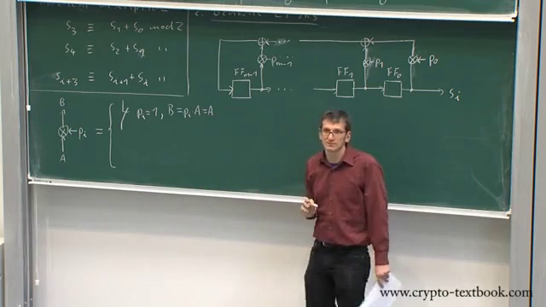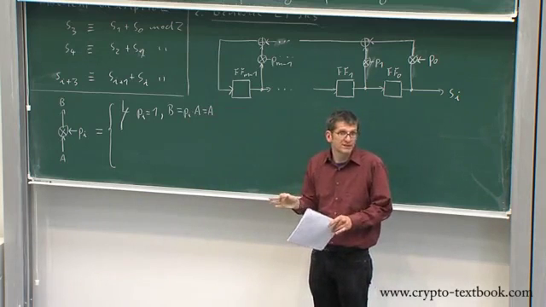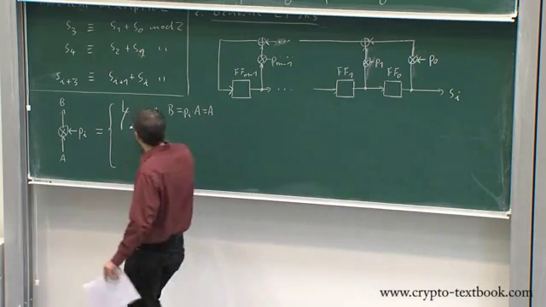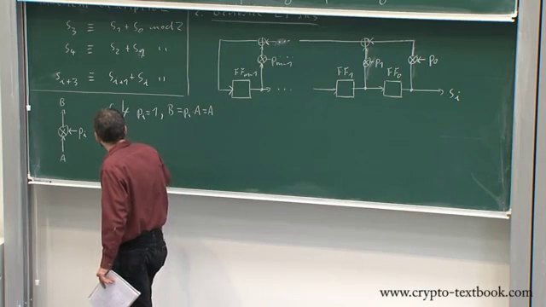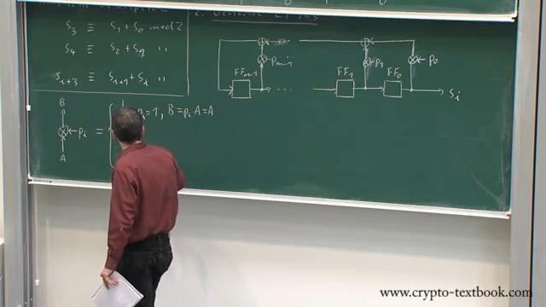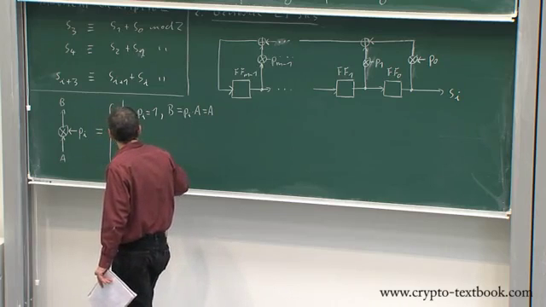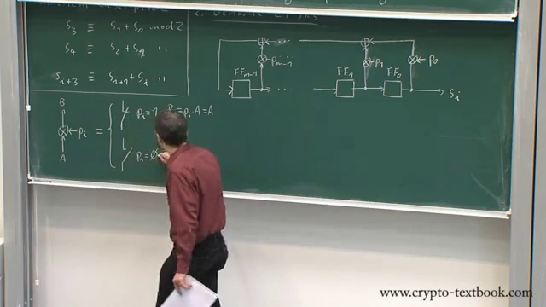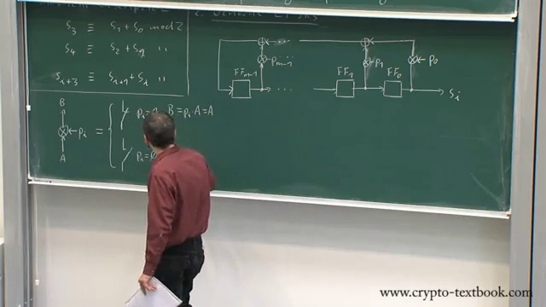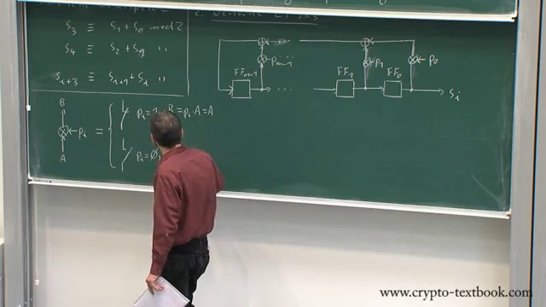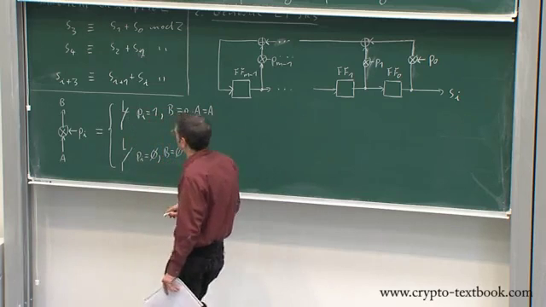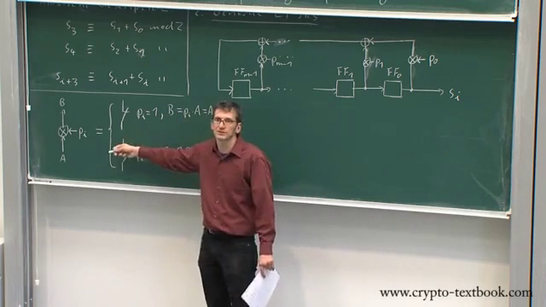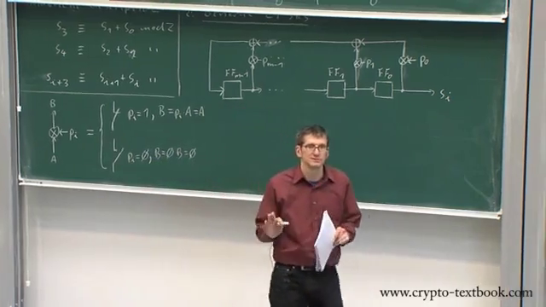In the other case, if the switch variable is 0, this is an open switch. Why? Because now b is 0 times a, which is 0. It means this value is always 0 here. That's how it works.